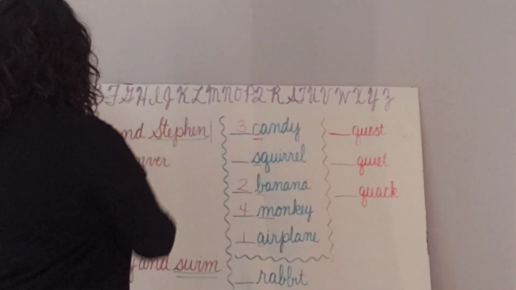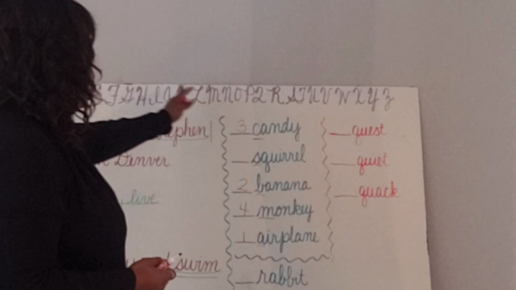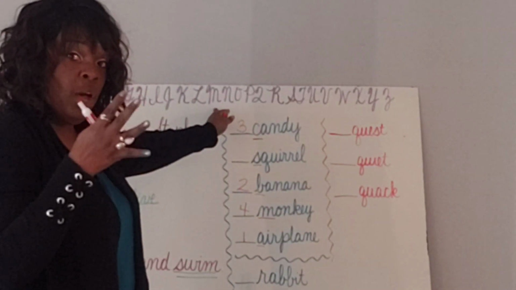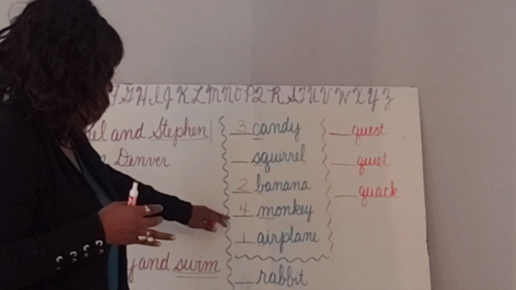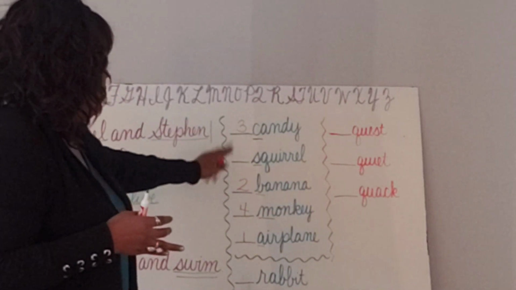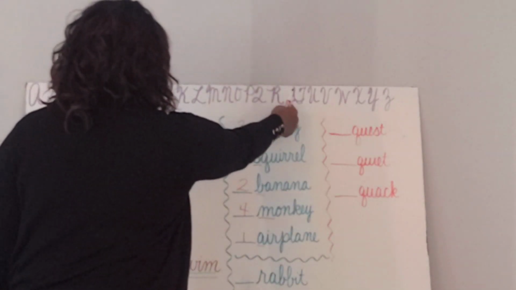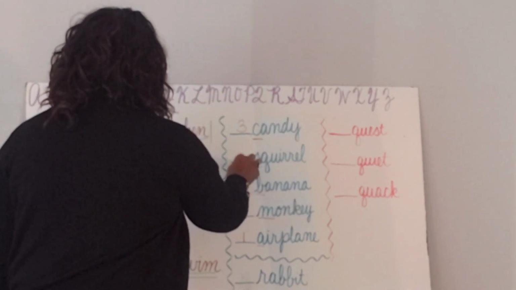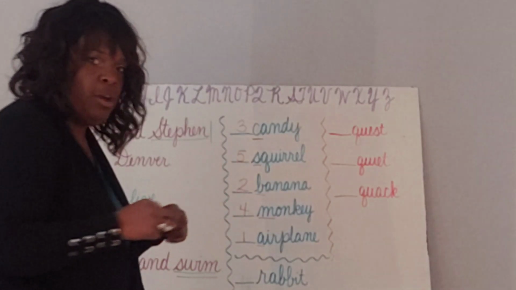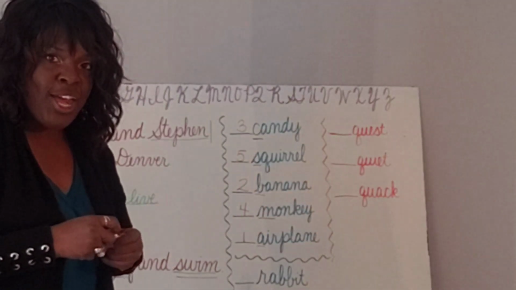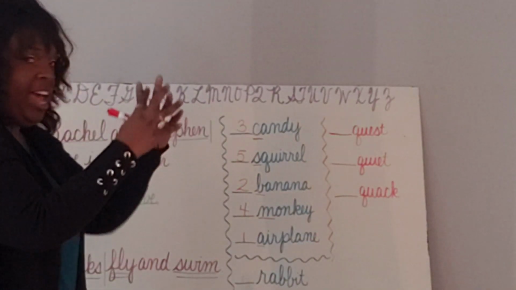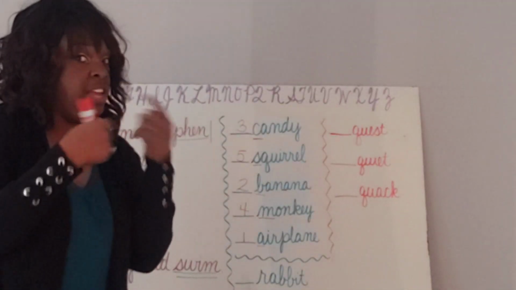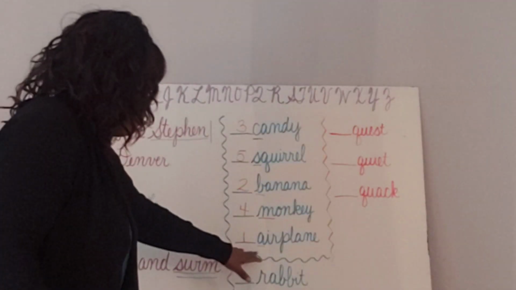We have A, B, C, 1, 2, 3, and then we come down and this is going to be our 4th word in alphabetical order. And then obviously that means squirrel comes after M, S comes after M, so that's going to be our last word, number 5, okay?